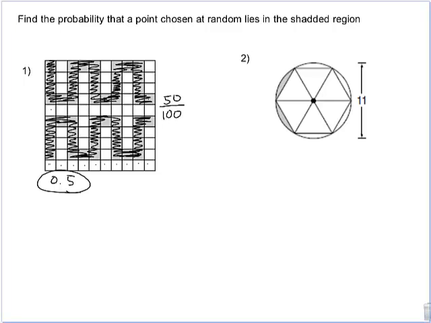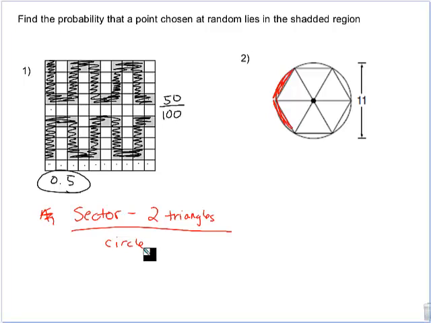Our area of the shaded is we have 2 sections. So we're going to take our sector and subtract off. Are we just subtracting off one triangle now or 2? 2. We're going to have to subtract off 2 triangles. And then what would we divide this all by? The circle.